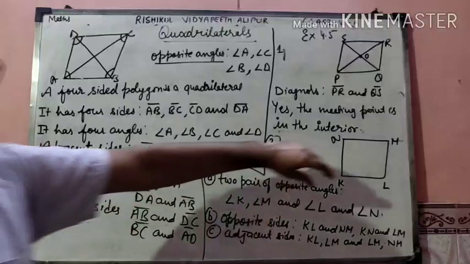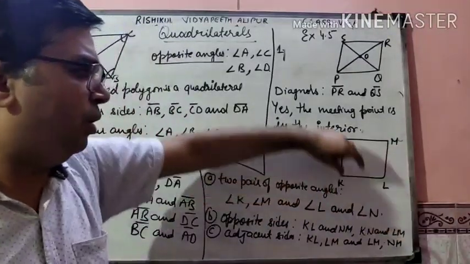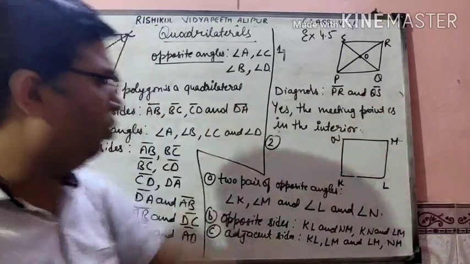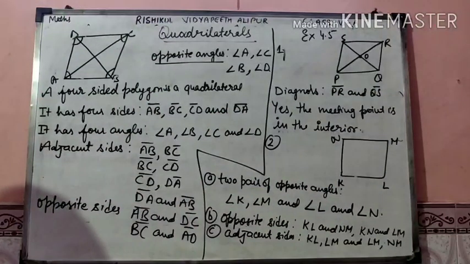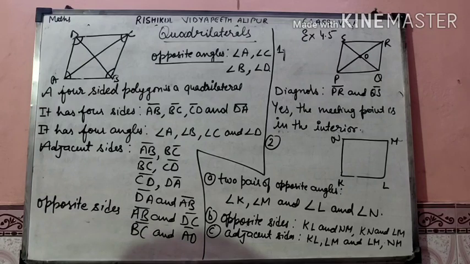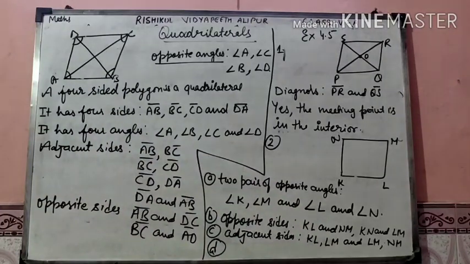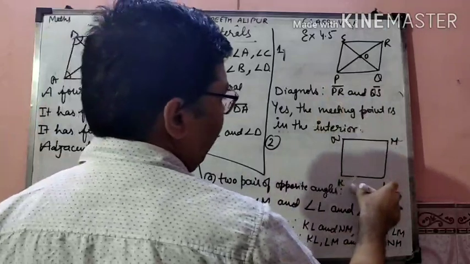These are the adjacent sides. The last one, part D, is for your homework. Please attempt this. Okay, part D is for you. I am doing the pair of adjacent angles.